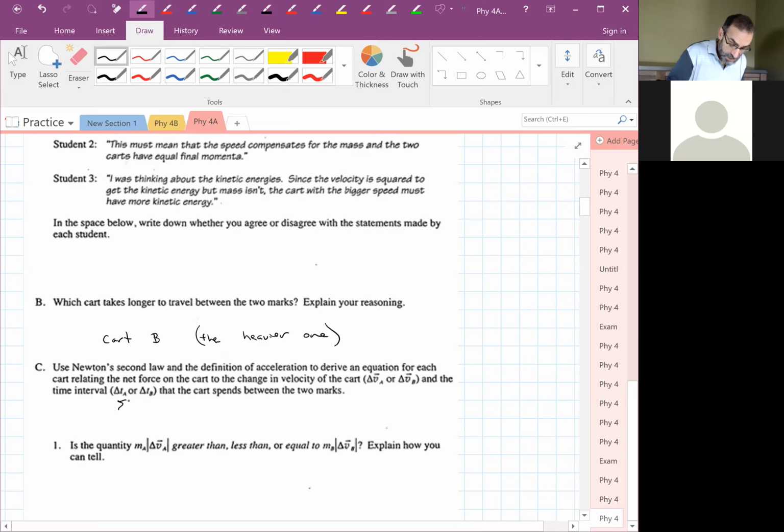So the sum of the forces equals ma. And we know that a is the change in velocity over time, right? So using that, I can get this: the sum of the forces is m times delta v over delta t. I'm running out of room here.